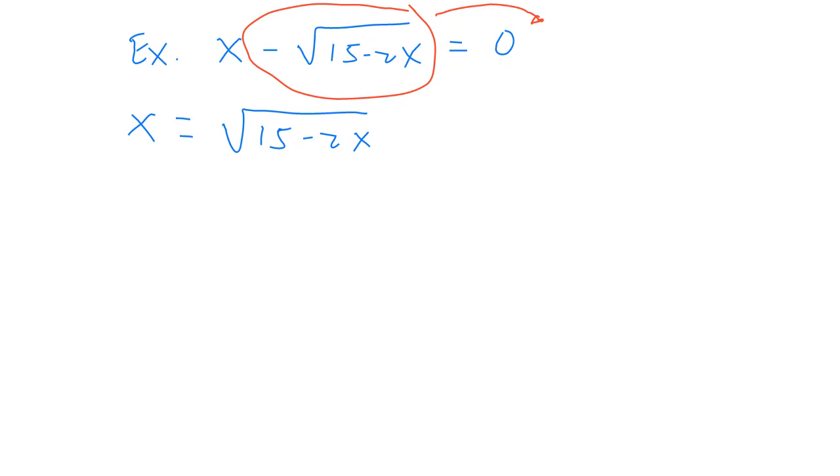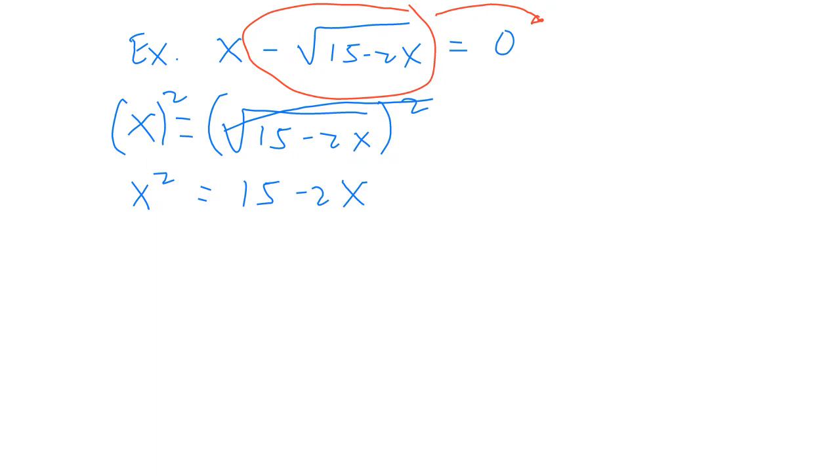I'm trying to eliminate the radical here by taking the square on this side and do the same thing on the other side. So I will get x squared here equals 15 minus 2x. So the radical symbol actually got eliminated.